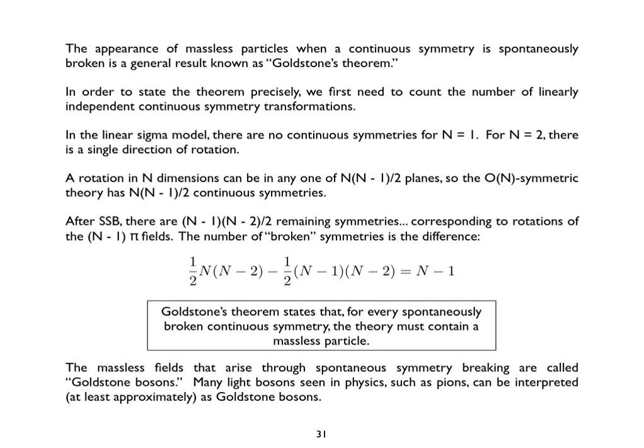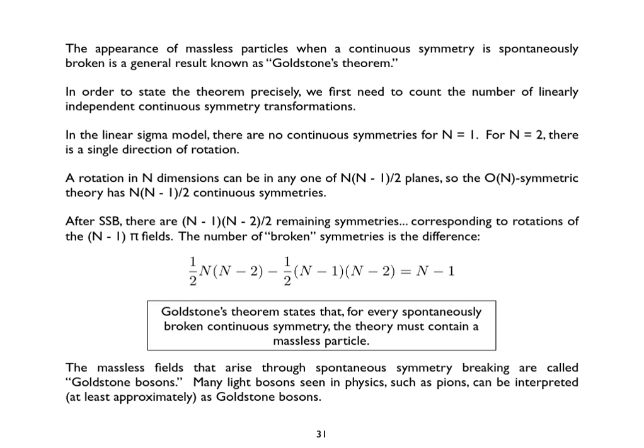Yeah, so let me just touch on this. I don't want to spend a lot of time on it, because it's not that super important. But the fact that you have massless particles when you break continuous symmetry is kind of a general result. It's known as Goldstone's theorem. And those massless particles that remain after the spontaneous symmetry breaking are called Goldstone bosons, right?